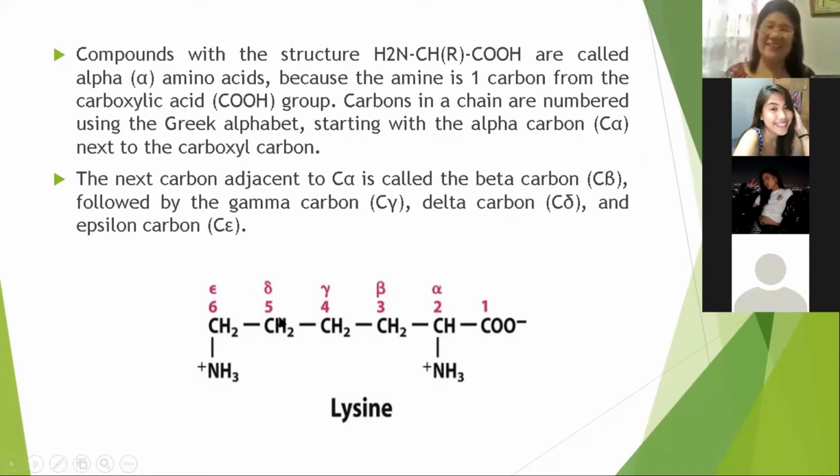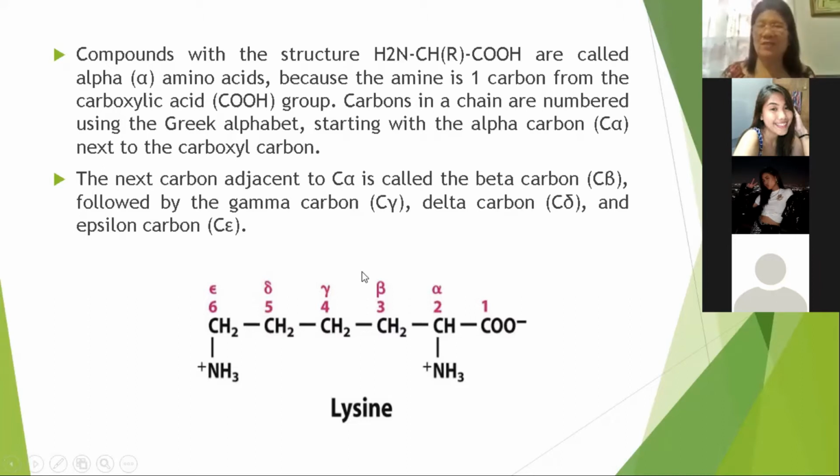The carbon adjacent to the alpha carbon is called the beta carbon. Then the gamma, then the delta and the epsilon. Okay, so that is it.